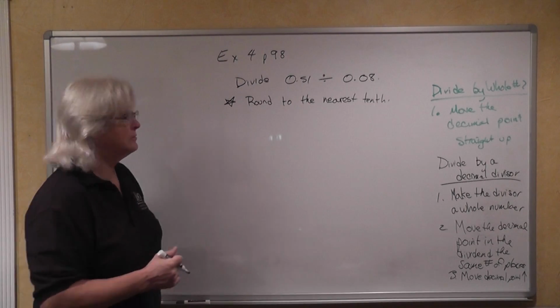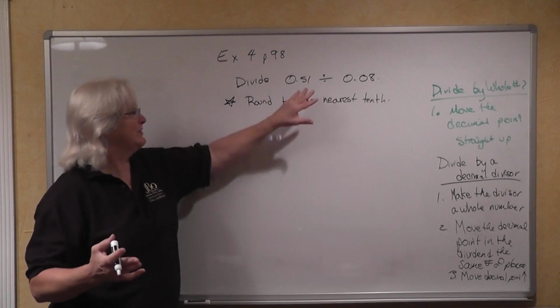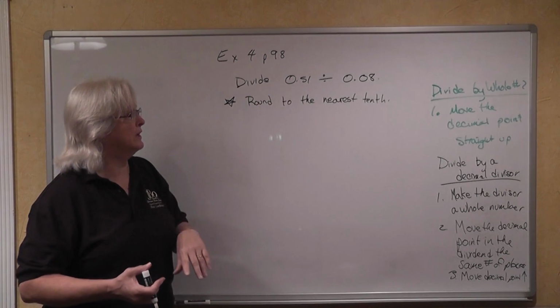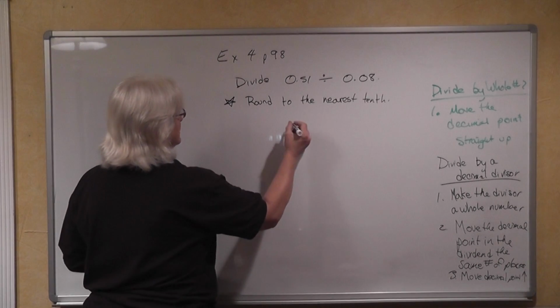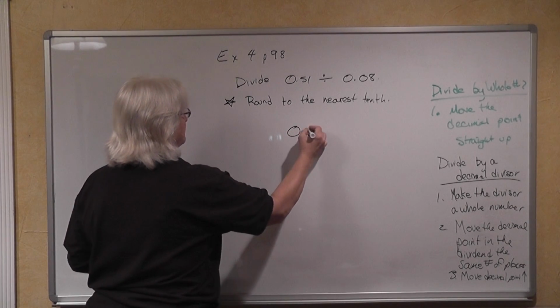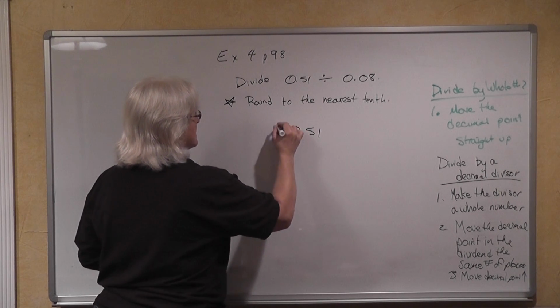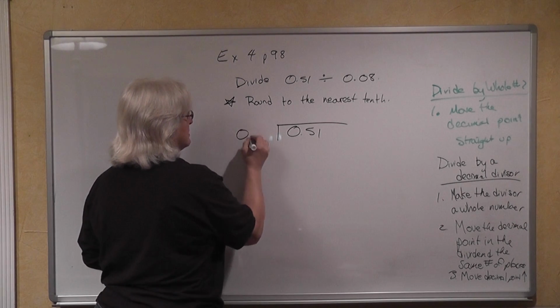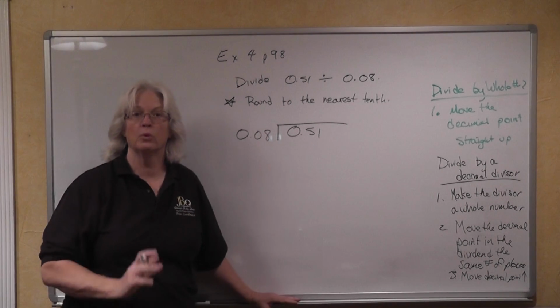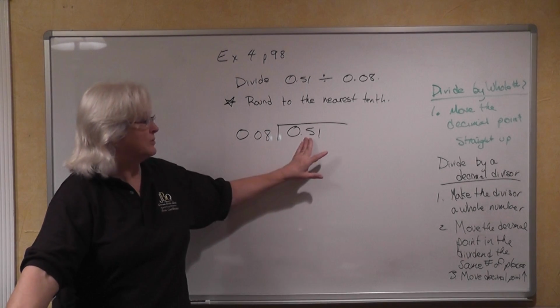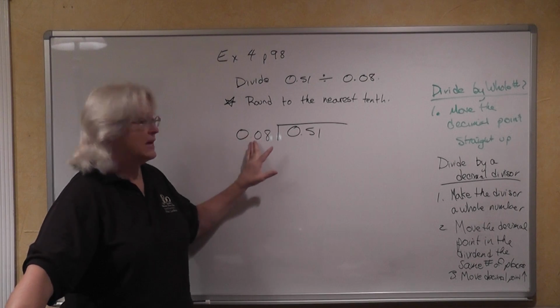So what do we need to do? We need to divide 0.51 by 0.08. So the 0.51 is inside our house. 0.08 is on the outside. We're dividing a decimal number by a decimal divisor.